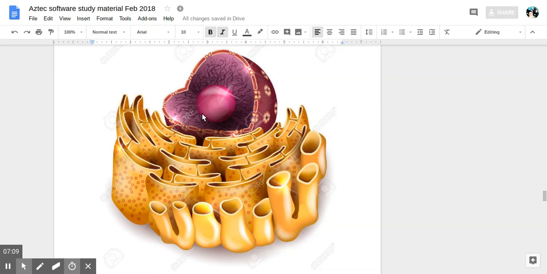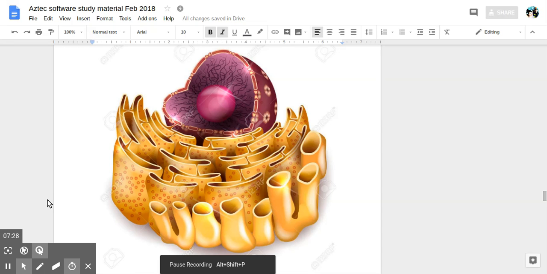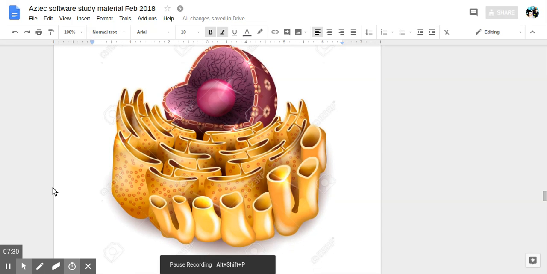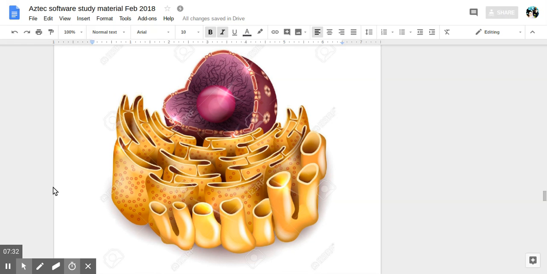It's a region where ribosomal RNA, which are subunits of ribosomes, are made. These are chromatin strands, which are condensed versions of the DNA molecules. So this is a beautiful 3D picture showing the ER and the nucleus.